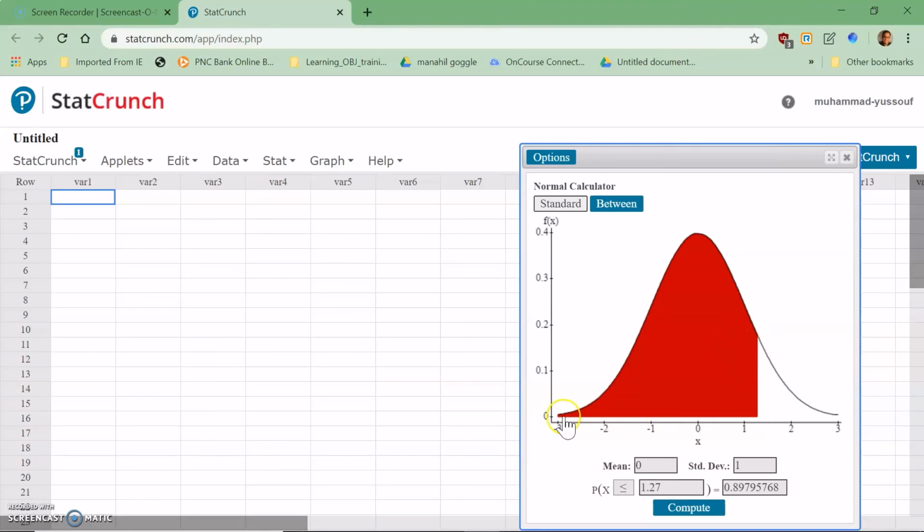When I was doing the Excel work, it was not all that clear what this was, but in this situation it is quite clear that cumulative area means you start from the left side and go all the way up to the boundary line where the z-score is 1.27. So I hope you understand this problem, and we will see more problems in the next video.